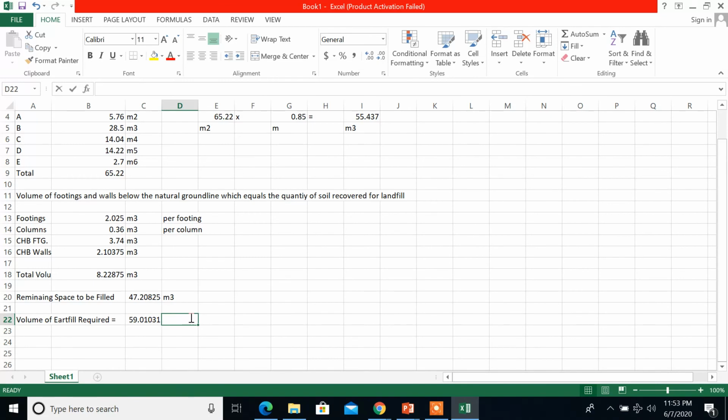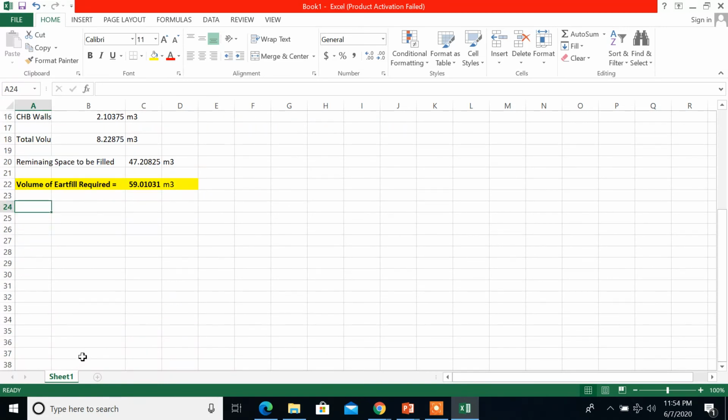So, ayan. Here is the required volume of earth fill, equivalent to 59.01031 cubic meters.